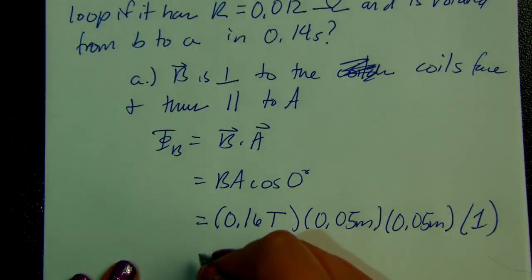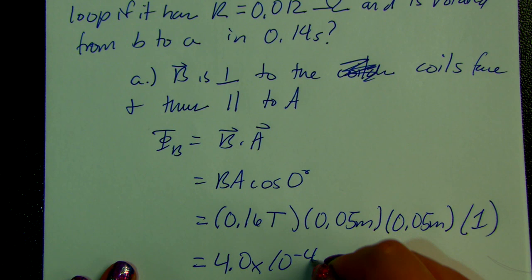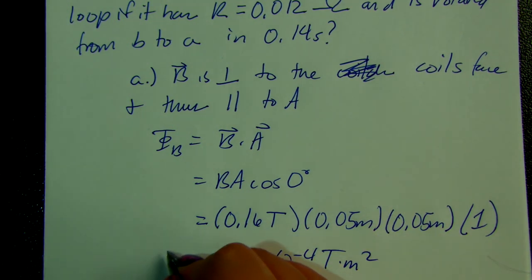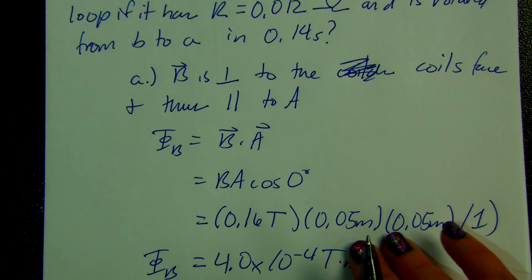And so we get 4.0 times 10 to the minus 4 Tesla meters squared for our magnetic flux.